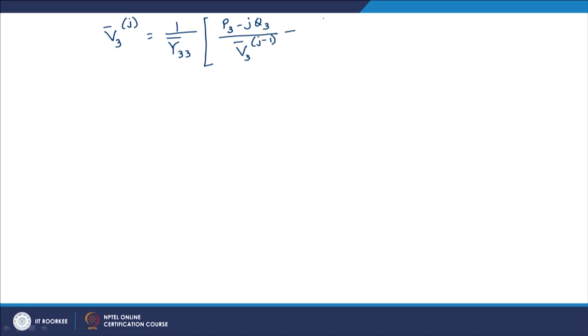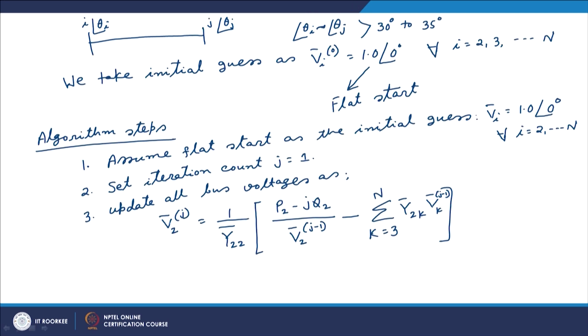V2 we have solved, so what we will write is k is equal to 1 to 2, Y3k Vk j. Remember, for bus 1 it is already known and for bus 2 we have just now calculated.